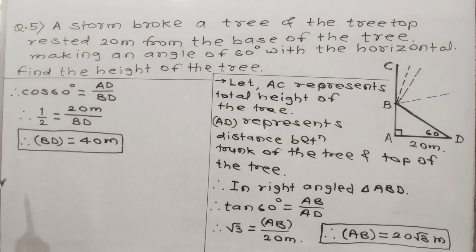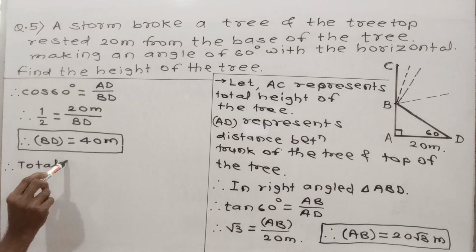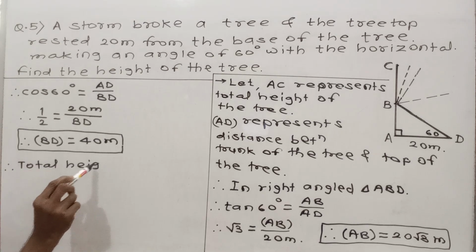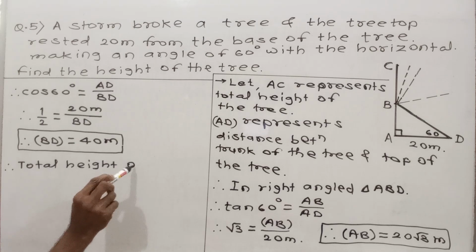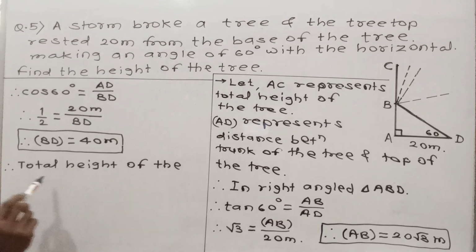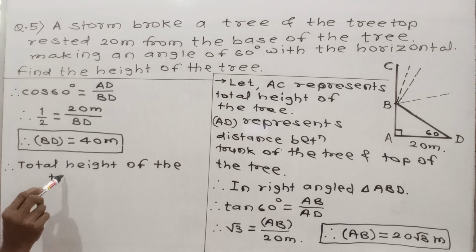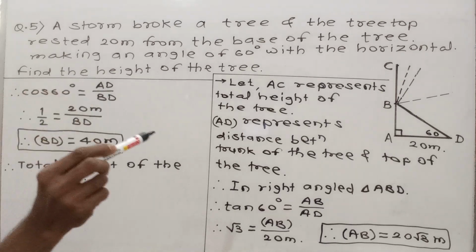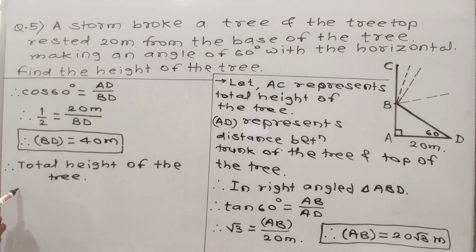Therefore, total height of the tree, we write AC.